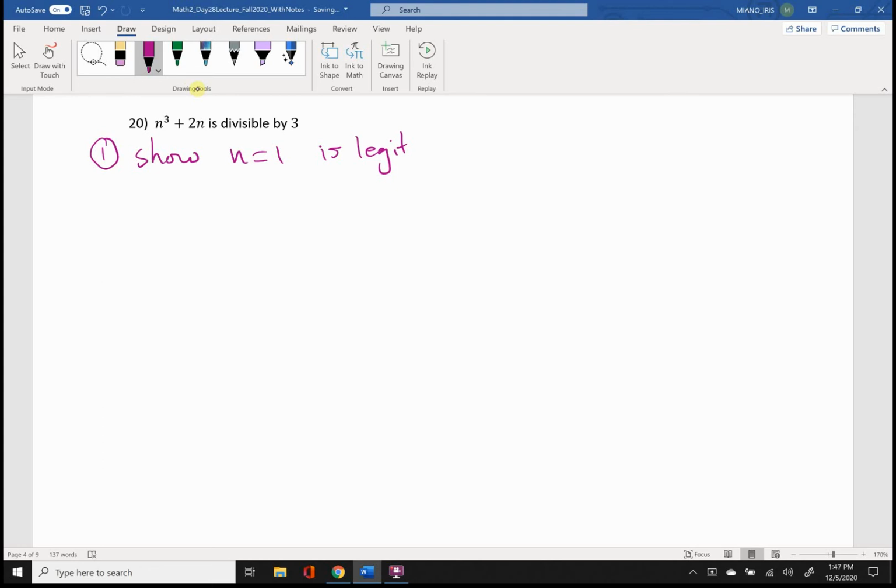So 1 to the third power plus 2 times 1 equals what? Well, that's 1 plus 2, which equals 3. Yep, this is divisible by 3. 3 is divisible by itself, so check on that. Cool, done. It's legit.